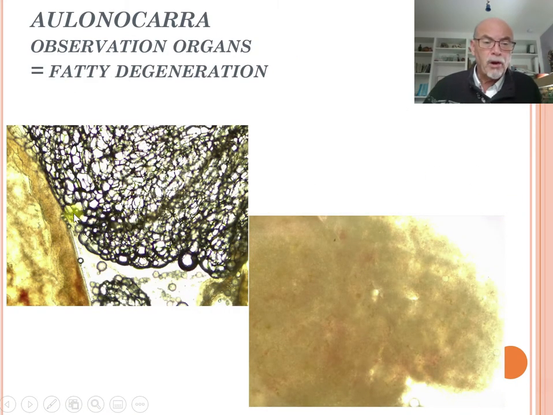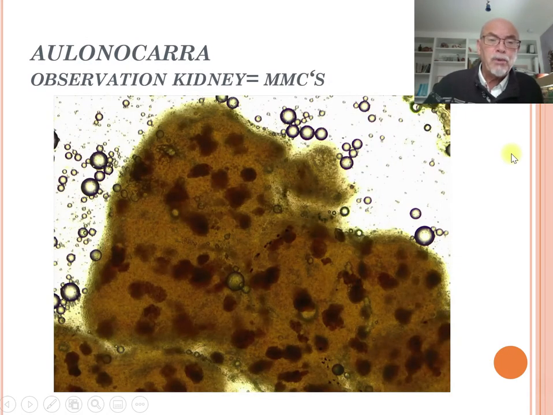If we looked further, we saw a lot of greasy, fatty degeneration. Also the organs, like the liver, had red patches, holes, and fatty degeneration. Could have been caused by bacteria, so the organs were in poor shape. And what was very bad, when we checked the kidneys of the fish, we found all those MMCs, melano-macrophage centers, which is a reaction to bacterial infections in most cases.